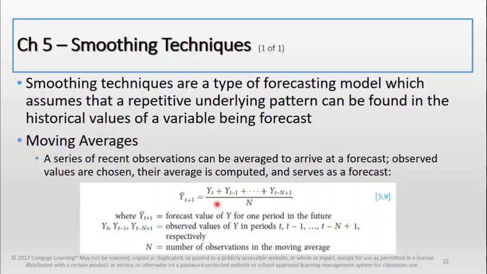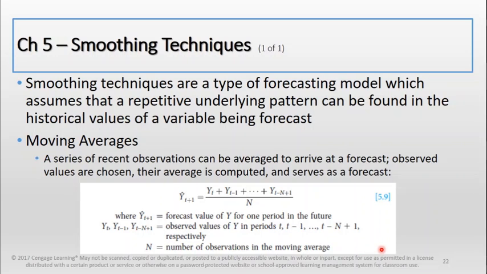So that is why as n increases, the smoothing effect also increases. Hence, the greater the randomness in the data series and the slower the turning point events in the data, the more preferable it is to use a relatively large number of past observations in developing the forecast.